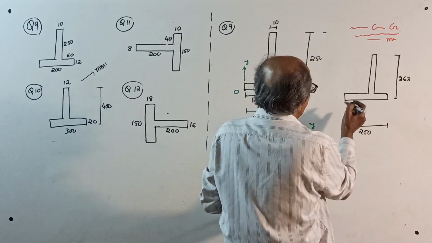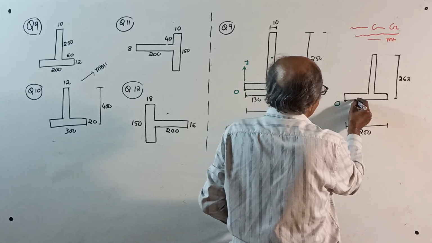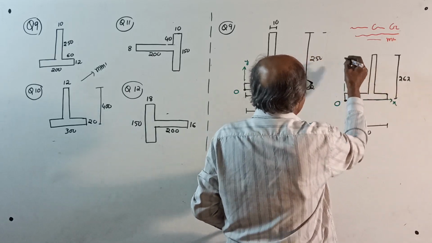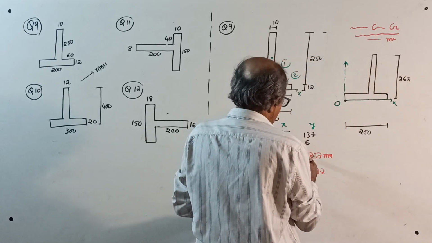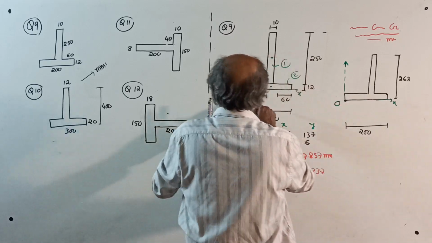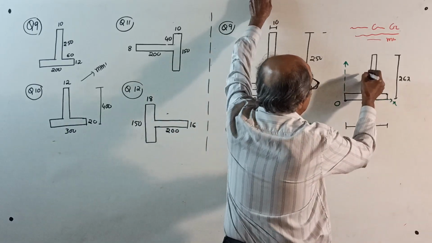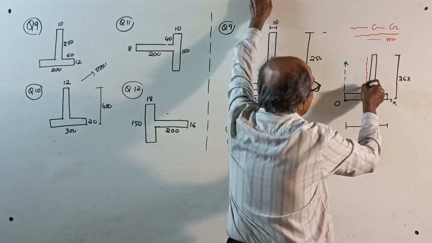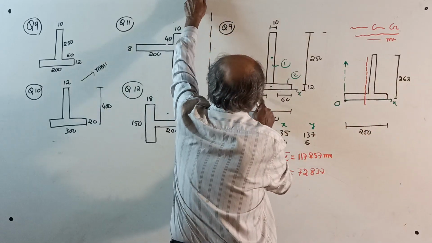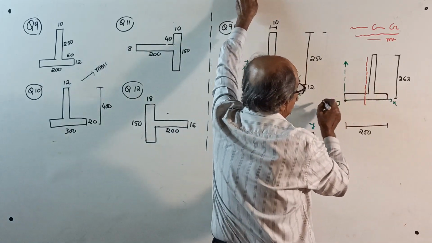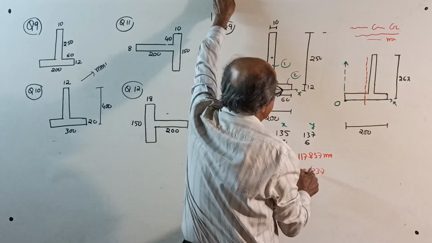We have taken origin here, O. This way is your X. This way is your y, and x bar we got 117.857 means, see, this is 130, so it will be somewhere here, because this is 130, x bar we got 117, little this side, and then y bar we got 72.